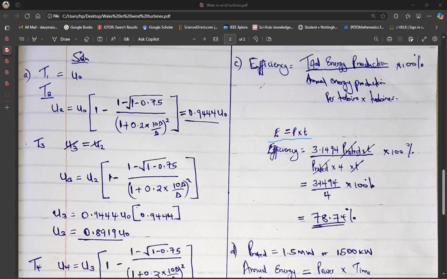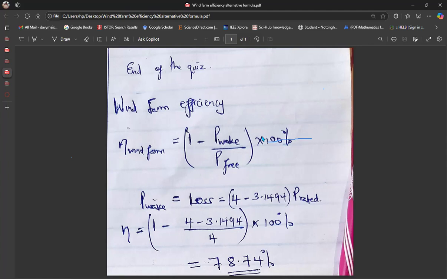But we have another alternative for calculating the efficiency of the wind farm. The wind farm efficiency is equal to 1, which is the whole, minus P wake over P free. In this case, P wake is the loss of power due to the wake, which you can remember we calculated in the first example.